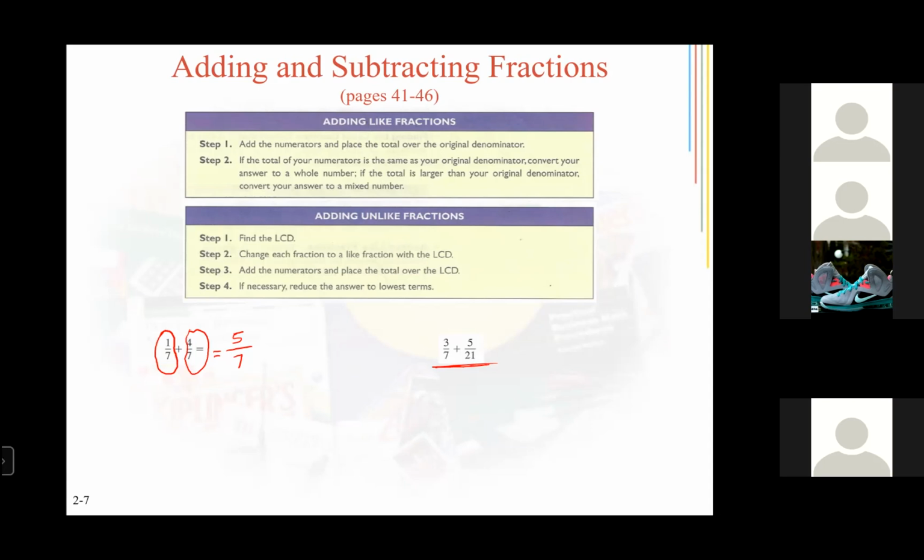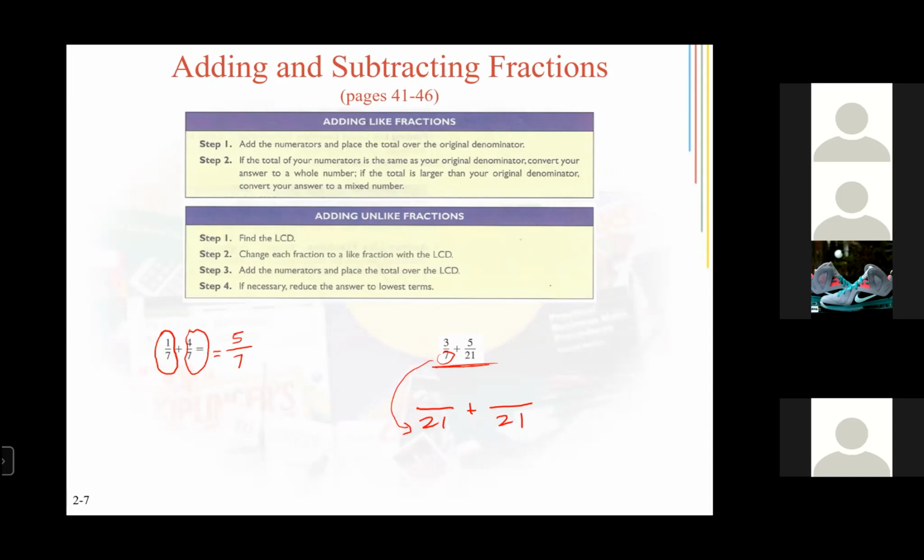So you're going to change this now to something over 21 plus something over 21. Now, this was 7. You change it to 21. So what will you change the numerator to?